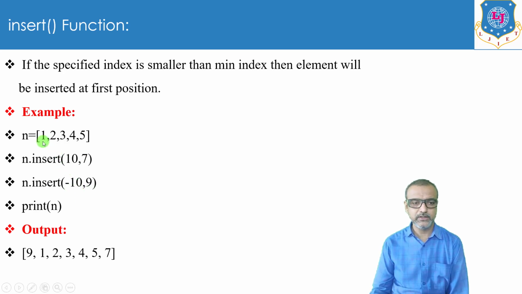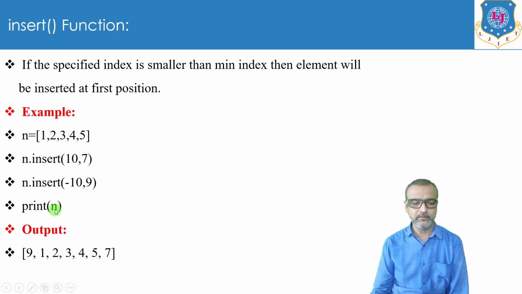See, here we have a total of 5 elements only, and if we talk about indexing from right to left, we have -1, -2, -3, -4, -5. So the total index number is 5 only, and this -10 is smaller than -5. So this 9 will be added at the beginning of the list.